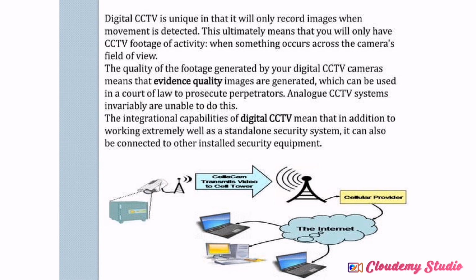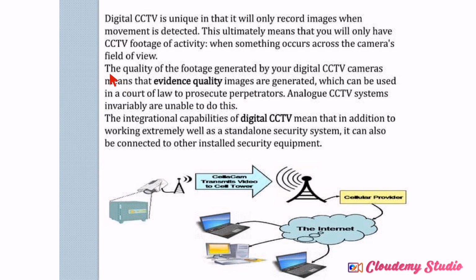Then the quality of the footage. Okay, so the quality of the footage generated by your digital CCTV cameras means that evidence quality images are generated which can be used in a court of law to prosecute perpetrators.